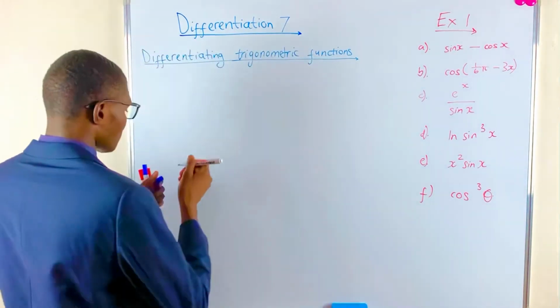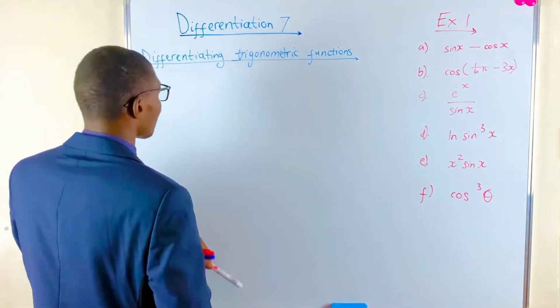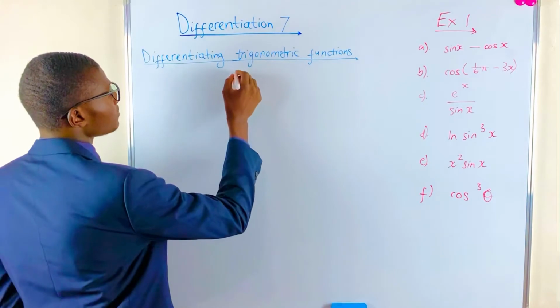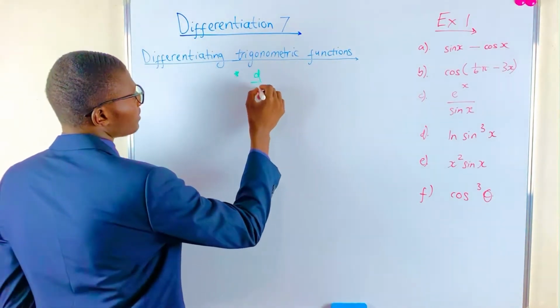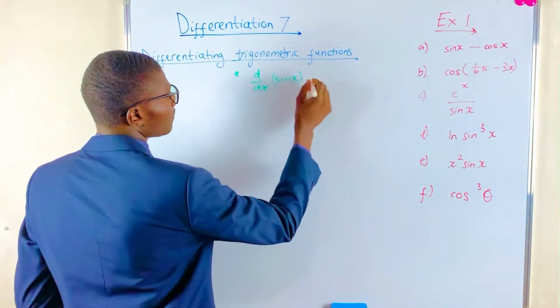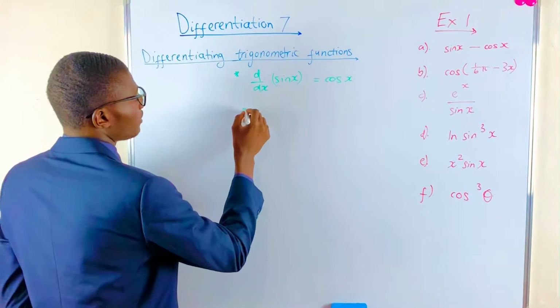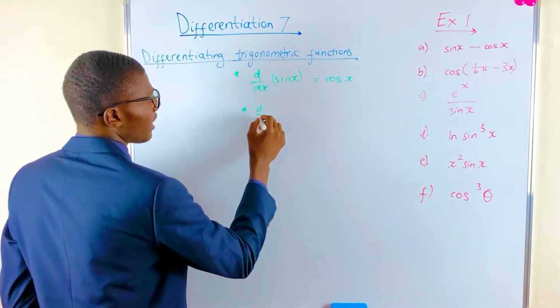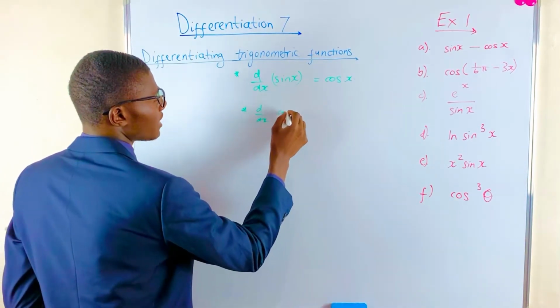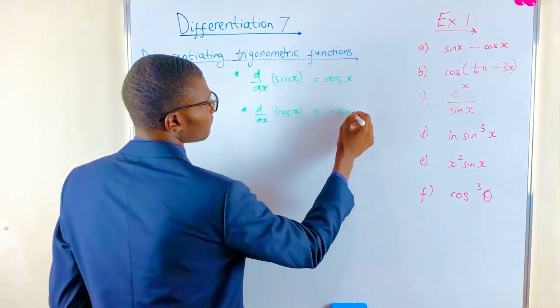The first result that we have to know is d by dx of sine x is equal to cos x. Then the second one, we say d by dx of cos x is equal to minus sine x.